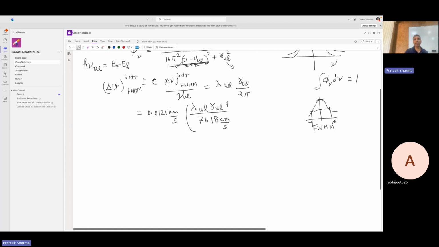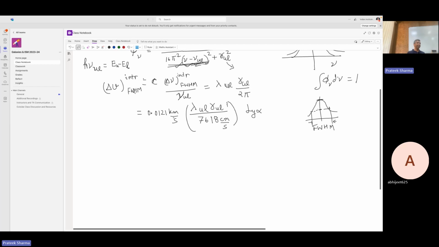If we plug in the parameters for the Lyman alpha transition, the n equal to 1 state to n equal to 2 state transition, these are the values of lambdas and gammas. What you see is that the velocity width corresponding to the intrinsic line profile is 0.01 kilometers per second.